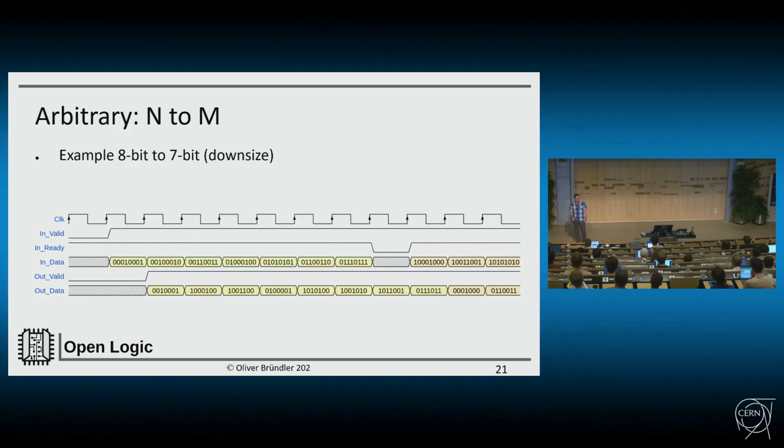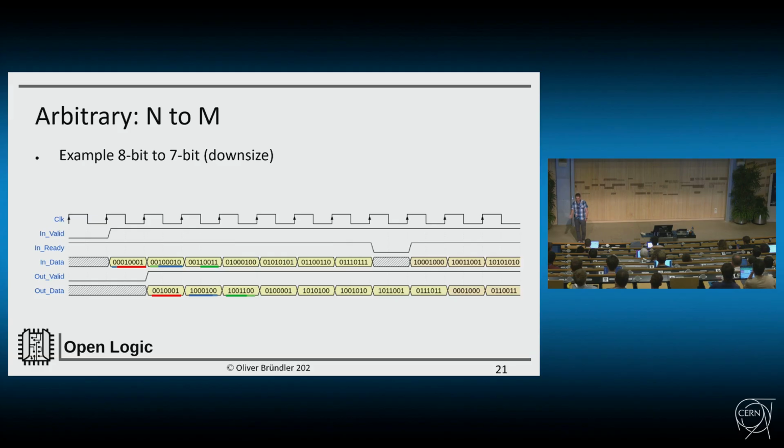That's handled by the arbitrary width converter. The example here shows 8 to 7-bit conversion. Think of, for example, a byte stream you want to send through LVDS serialization with 7 bits. You just take the OpenLogic component, you send the data in, and it will be width converted automatically. So you get the bits sorted in 7-bit chunks.